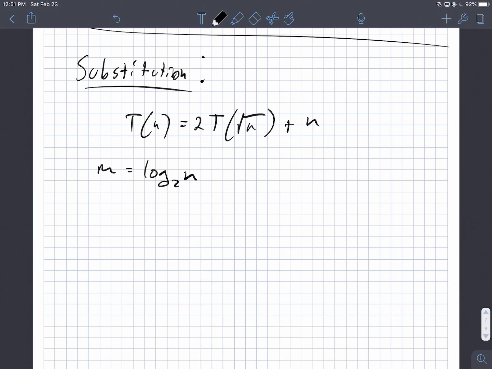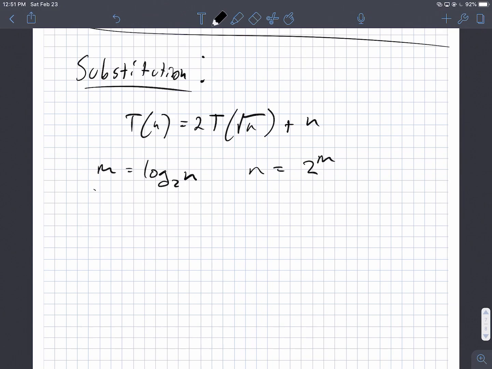So what I would say is, if this is m, then n equals 2 to the m. Does that make sense? This is just algebra to get from here to here. If you raise each side to the power of 2, you get this.